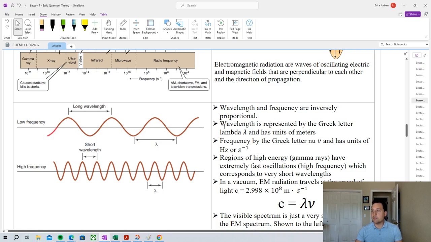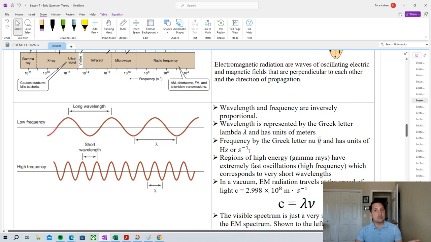Wavelengths are typically given by the Greek letter lambda, and they are given in units of meters. Frequency by the Greek letter nu, which looks like a V, but it's slightly different, and it has units of hertz or inverse seconds. A hertz is 1 cycle per second.